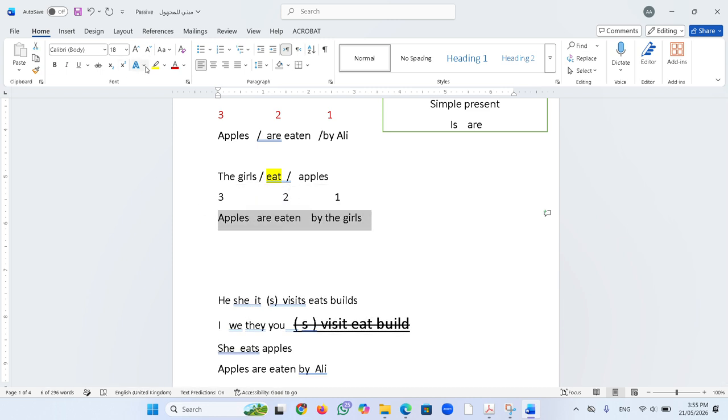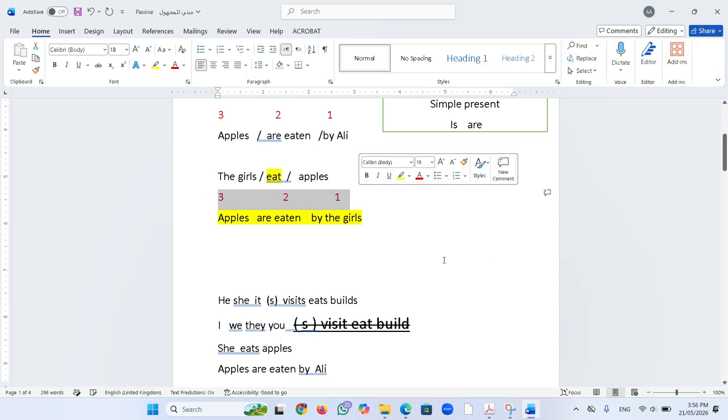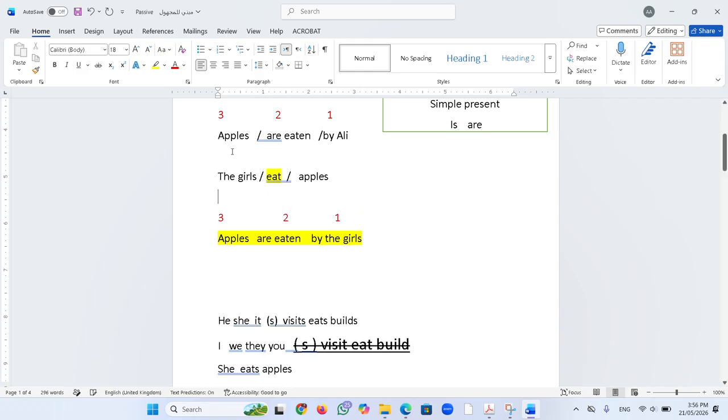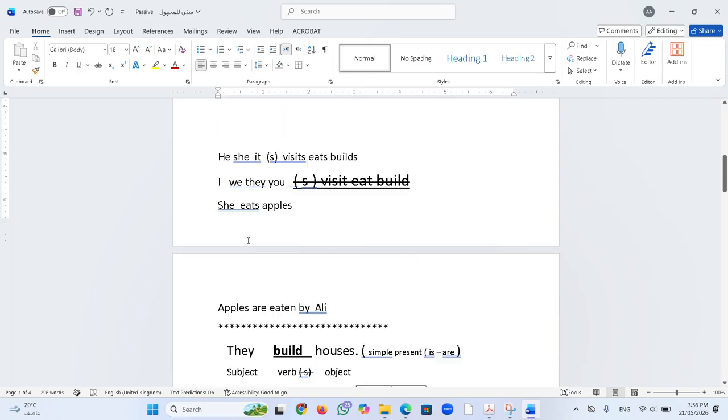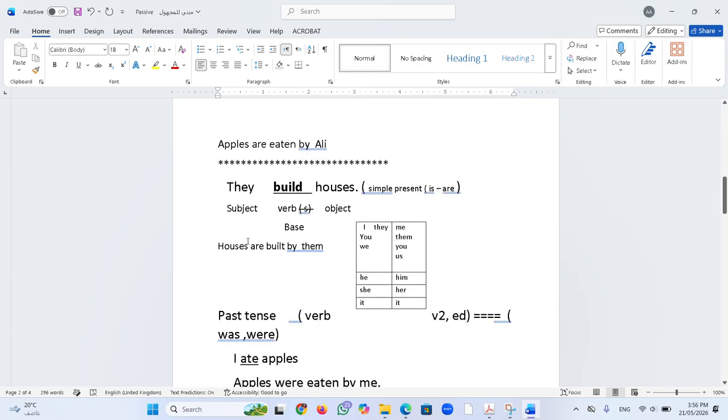Here is the passive sentence. As I told you, it contains 3, 2, 1. So 1 is the girls, eat is 2, 3 is the apples. Subject, verb, object. It becomes object, verb, subject. Clear? Okay. Now, let's take the next example.